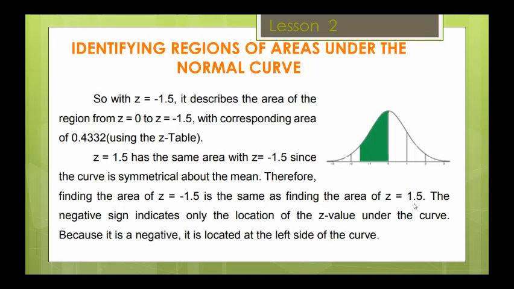The negative sign indicates only the location. So remember, the values of negative 1.5 and positive 1.5 are the same. The only difference is the location. When we say negative 1.5, it is from 0 to the left side of the curve, and when positive, from 0 to the right side of the curve.